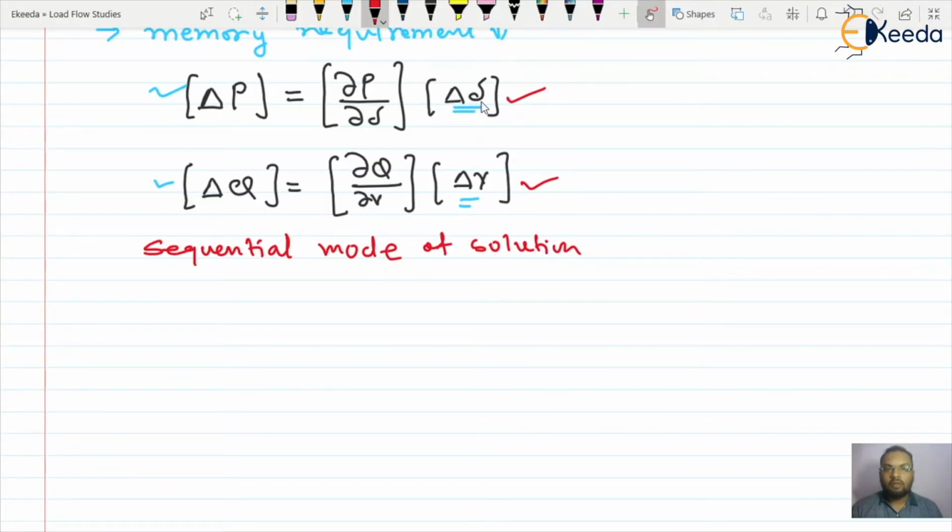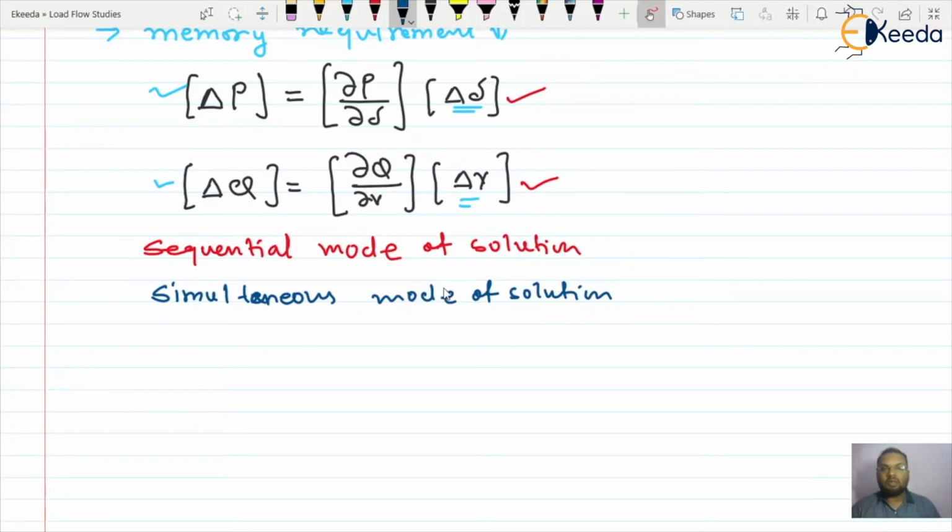After this we'll go for the second equation. So this is how we solve if we are going with the sequential mode of solution. One more way is there, we can go with the simultaneous mode of solution. As the name indicates, in the simultaneous mode of solution, we will solve these two equations simultaneously.